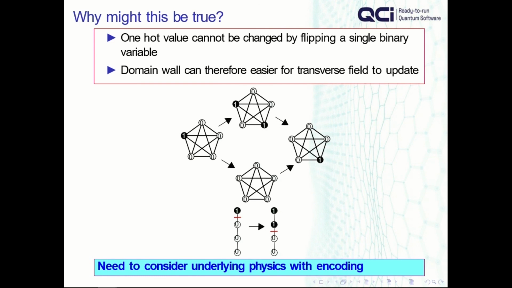And you balance that off with single body terms, with fields. And if you say you want to update this, you either have to go through a 2-hot state where two of them are 1, or a 0-hot state where none of them are 1, and then flip back into a valid state. So you have to pass through an invalid state to get to a valid state.